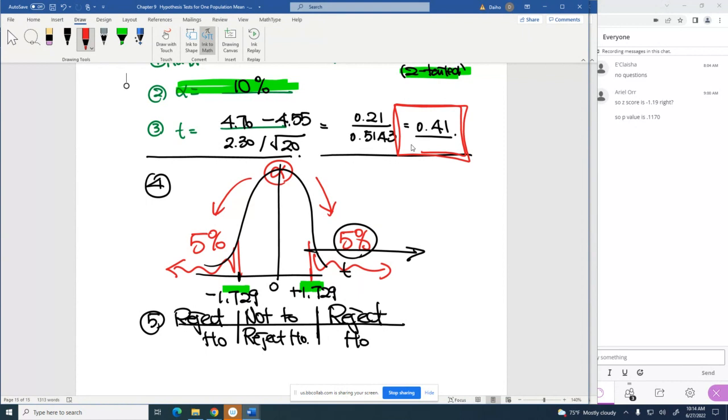The test statistic was 0.41. The test statistic was 0.41, in the middle.